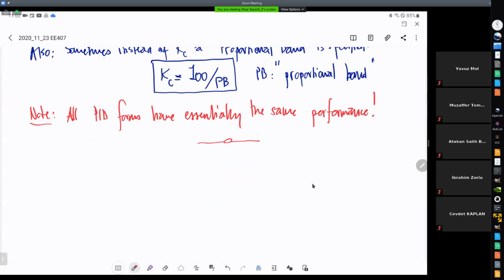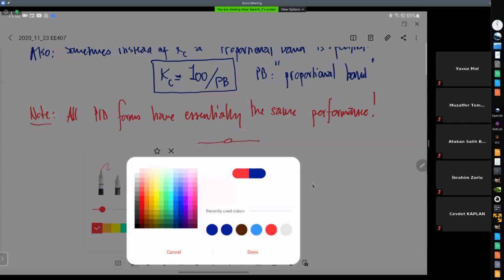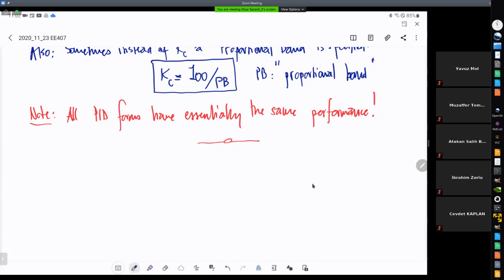There is another issue with the PID controller that is new for us. Let's call this the derivative of the error.